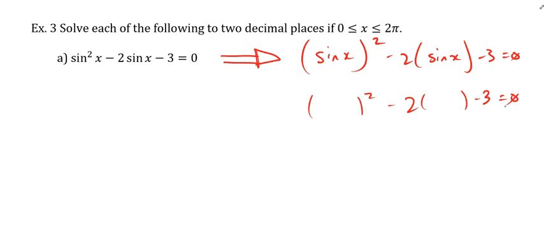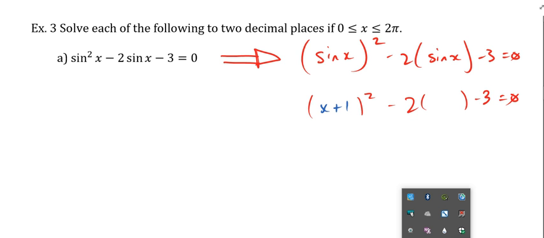It's still a trig function. But what I'm saying is I could put a to the fourth and a to the fourth in there, and I could factor that like a quadratic. I could put x plus 1 and x plus 1 in there and factor it like a quadratic.